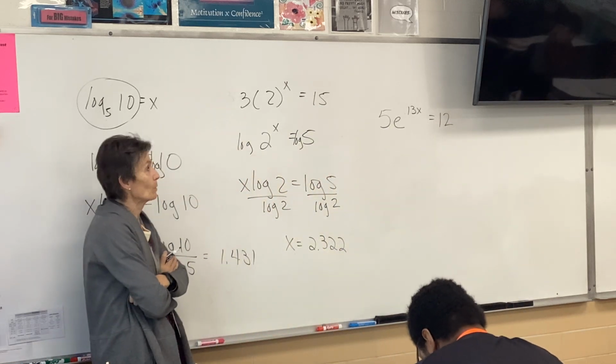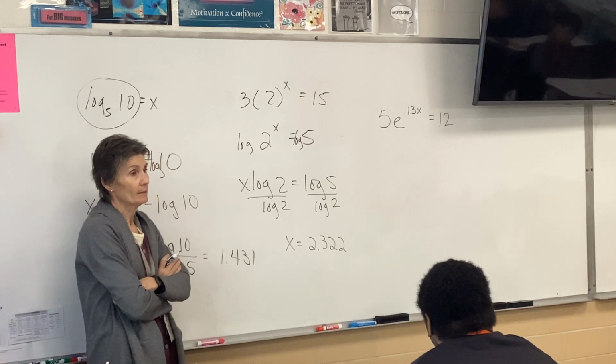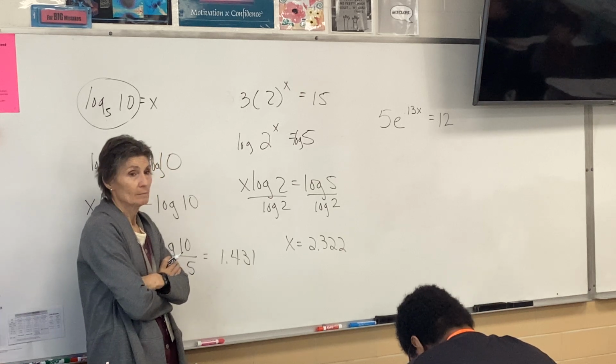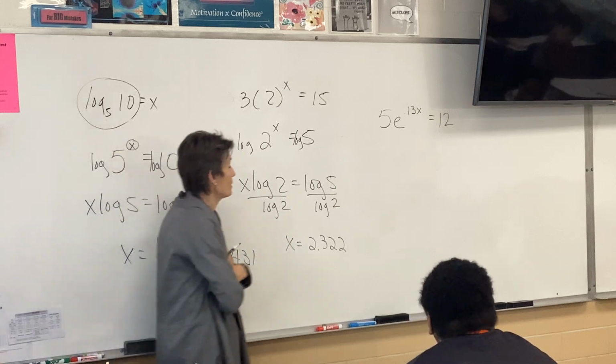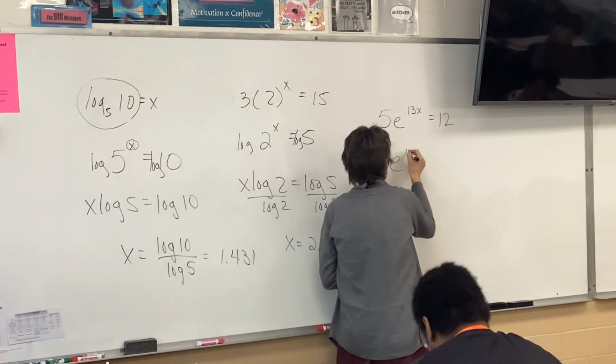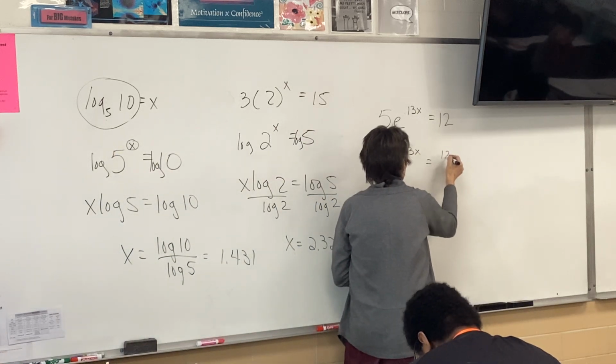Divide by 5. We're going to divide both sides by 5 to start with. Always get rid of that extra number. So e to the 0.13x equals 12/5.